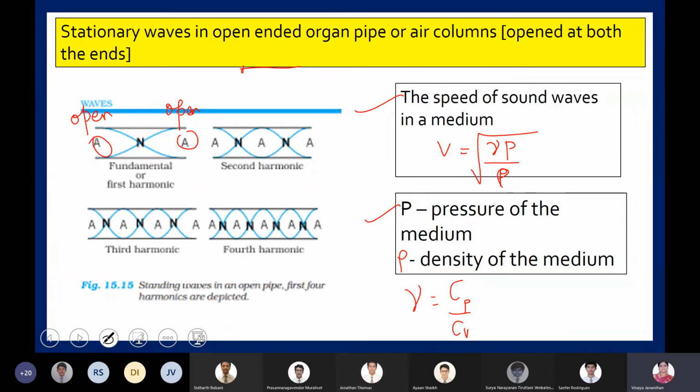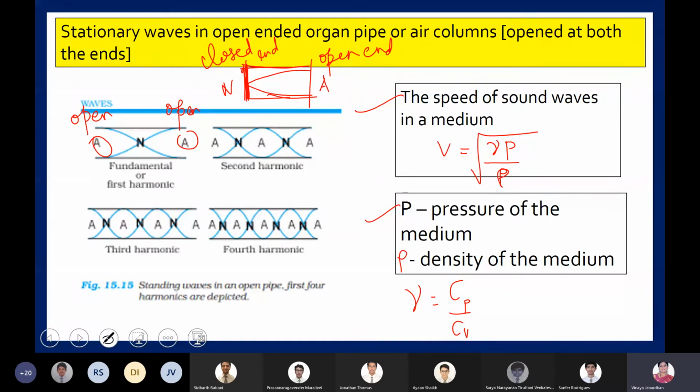Suppose one end of the pipe is closed and only the other end is open, then at the closed end you will get a node, and at the open end you will get an antinode. So whenever you have closed ends, you will have a node, and whenever you have open ends, you will have antinodes. Are you clear?